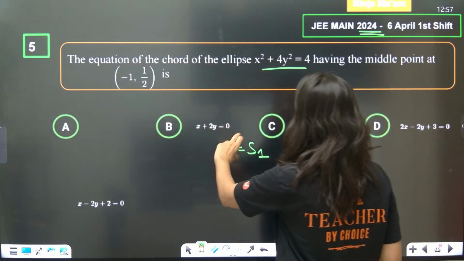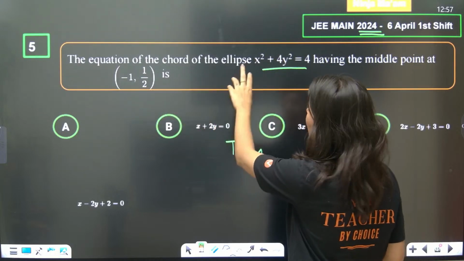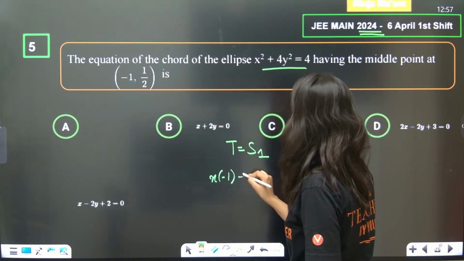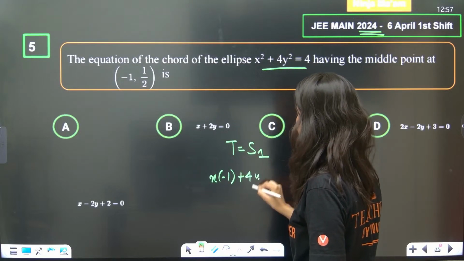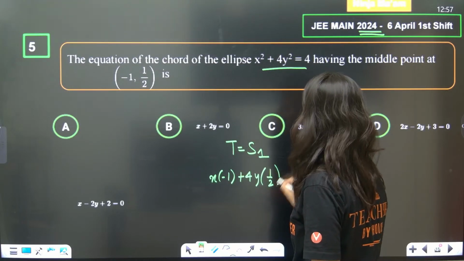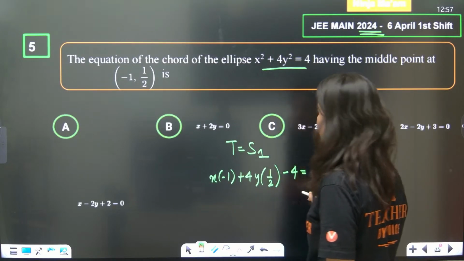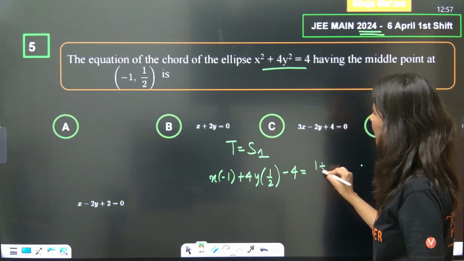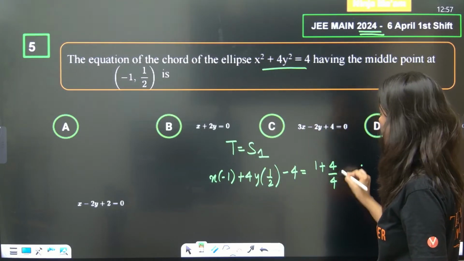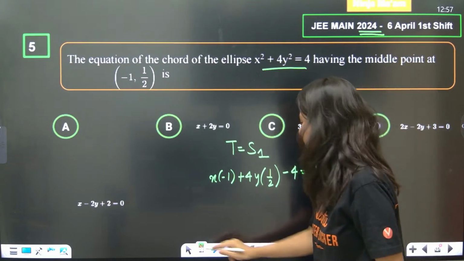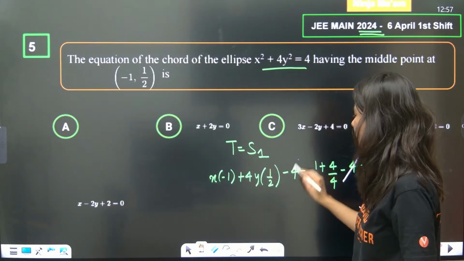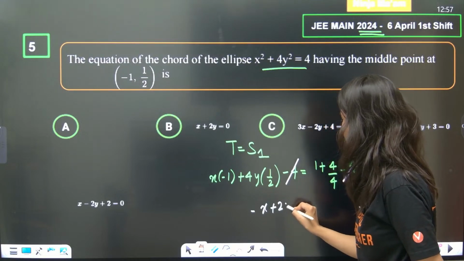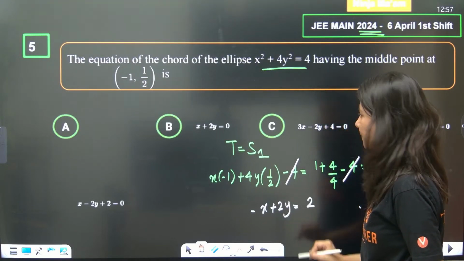Here T is the tangent equation: x x1 plus 4y y1 with the point (minus 1, half), equals S1. Now put minus 1 comma half over here: 1 plus 4 by 4 minus 4.